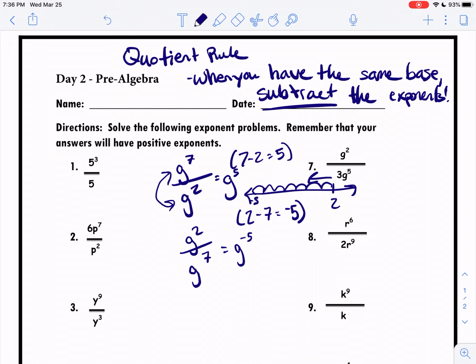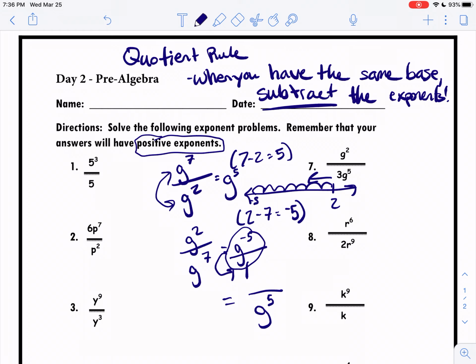But then remember, notice how the directions say you have to have positive exponents. So what that means is this, g to the negative 5th, we really see that as g to the negative 5th over 1. And this minus sign tells us we have to move the g to the negative 5th into the denominator. So then we have a blank in the numerator because there's nothing there now, and then it would be g to the 5th, and we get rid of that negative sign because we no longer need it.